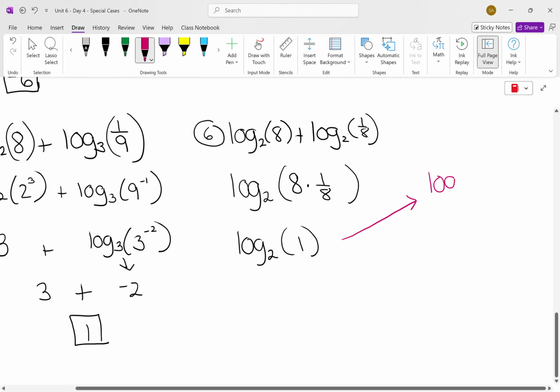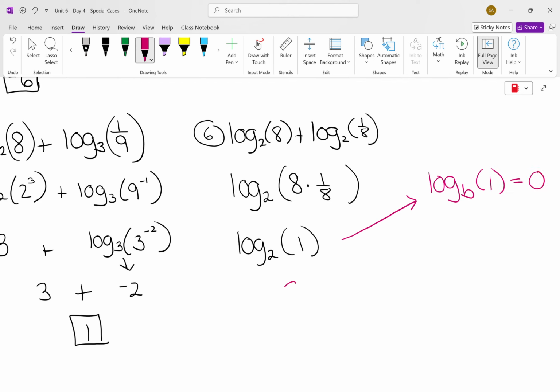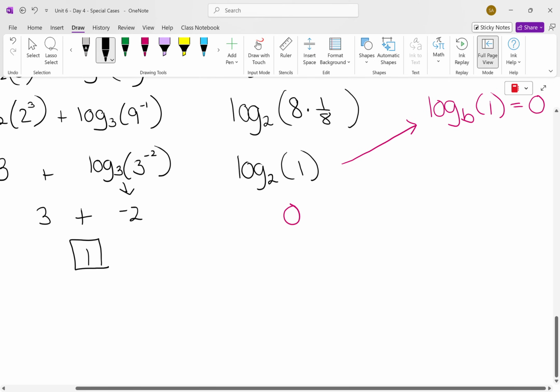Well, doesn't this follow another shortcut? It is. Log base b of 1 will always be 0. Did anybody simplify the 2 logs and then add them together? Yeah, if you did that, you got the same answer. So let's do it that way.